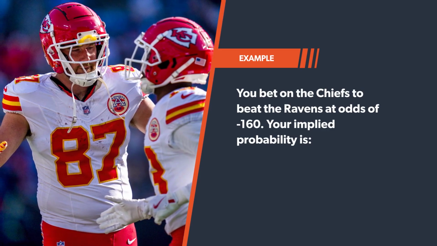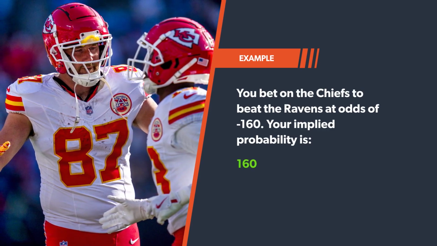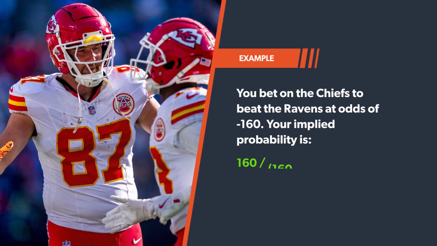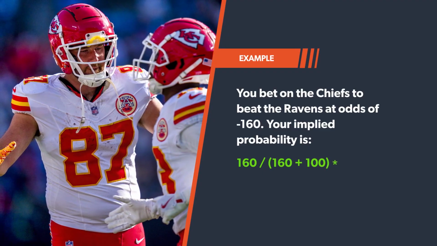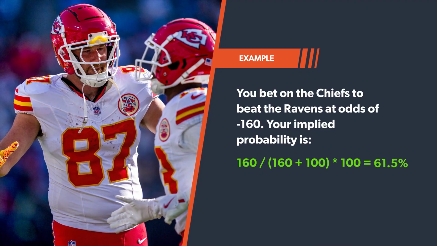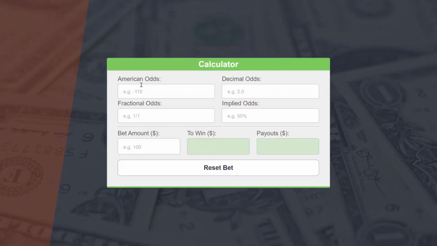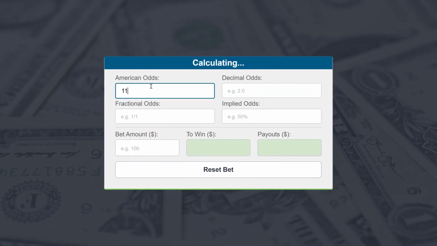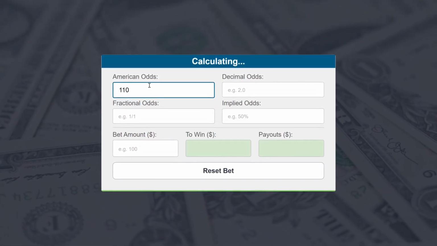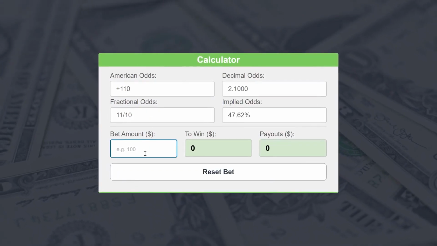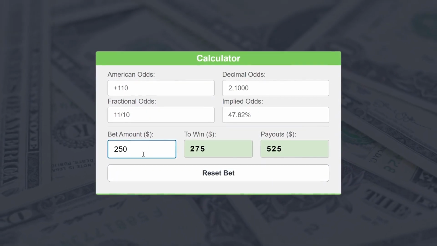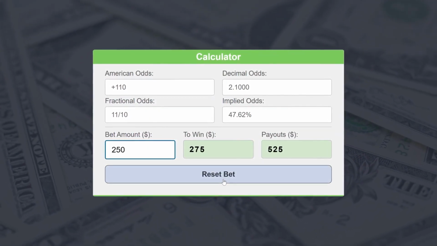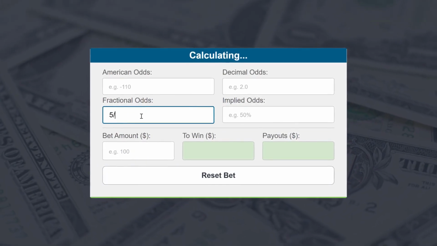The formula to find the implied probability would be 160 divided by 160 plus 100, multiplied by 100, giving you 61.5%. And that's how you crunch the numbers to find the implied probability for both positive and negative odds. Luckily, we have an implied probability calculator at the Sports Geek, so you don't have to do the math alone.